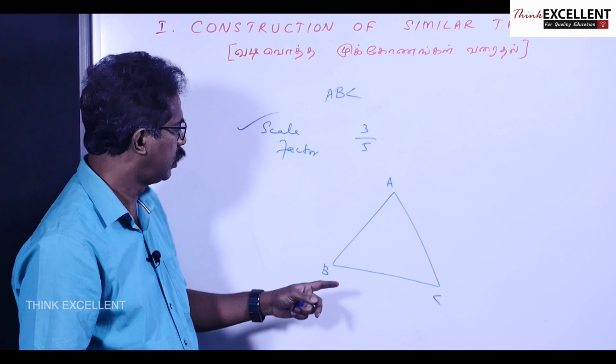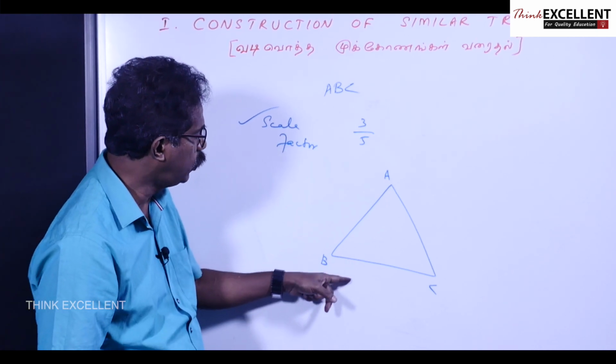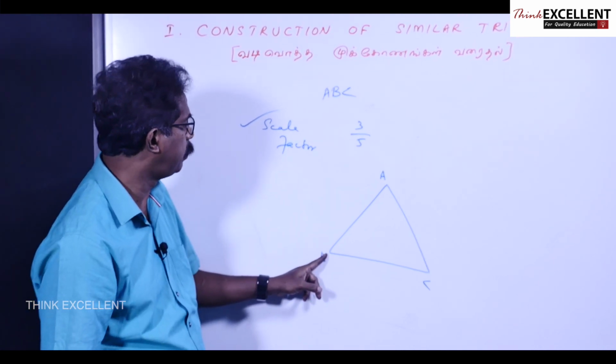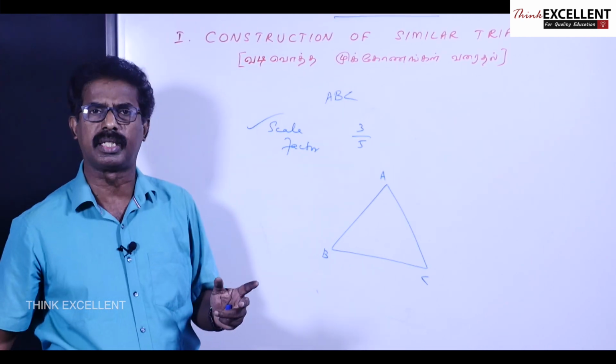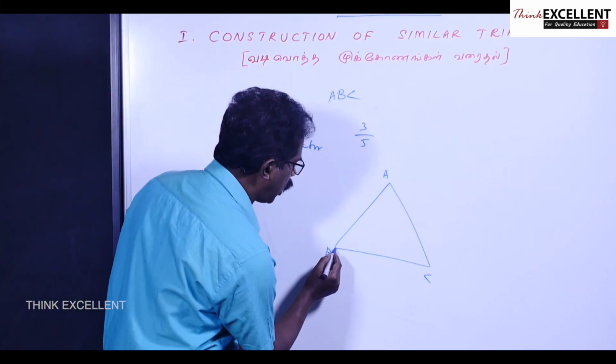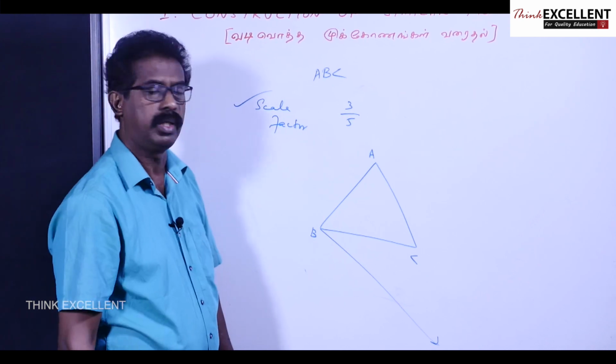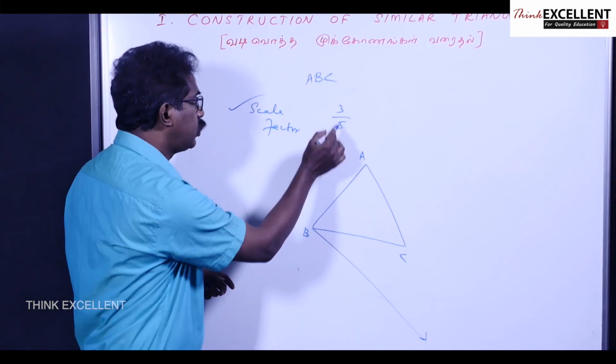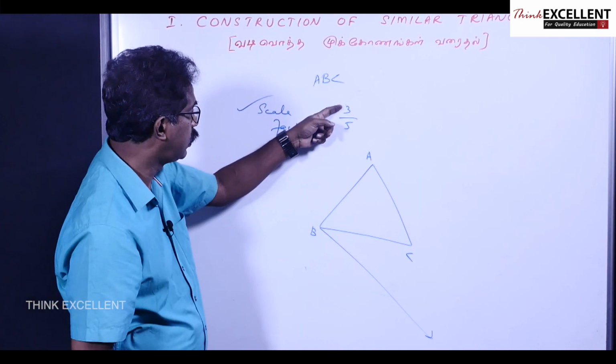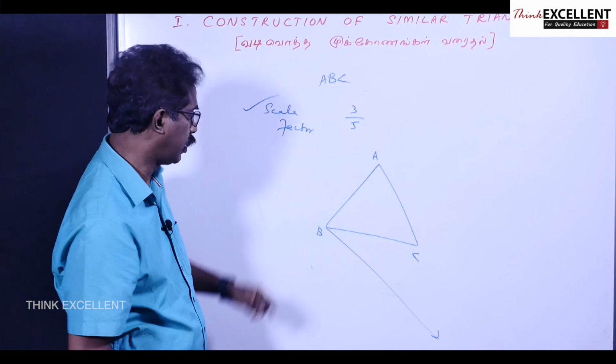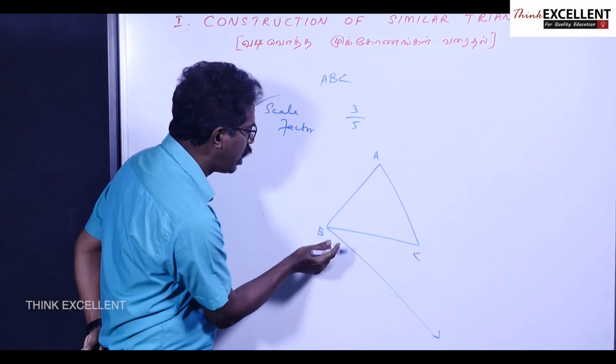Now the method is you draw one acute angle at B. At B you draw an acute angle, any measurement you can take. Draw one line here. Now among these two numbers, see which is the greater number. 3 by 5, the greater number is 5. So here you make 5 equal arcs.